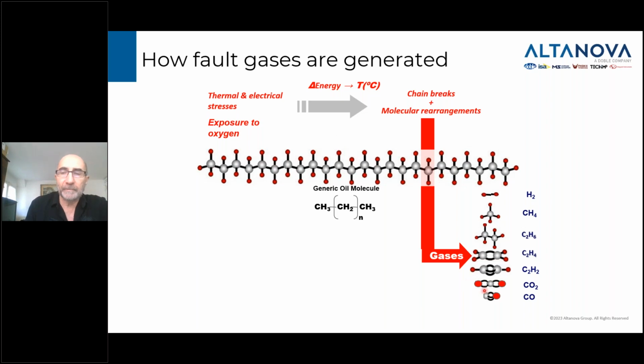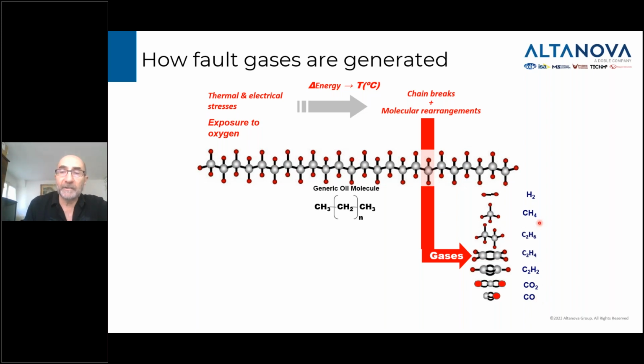The other gases that are generated in normal operation are carbon dioxide and carbon monoxide, and both gases are coming mostly from the continuous degradation of your insulation paper. Those gases usually continuously increase over time as your insulation paper will continue degrading during the life of the transformer.